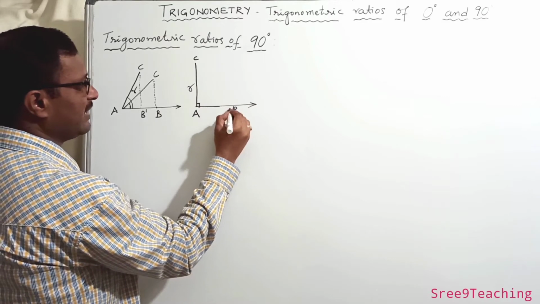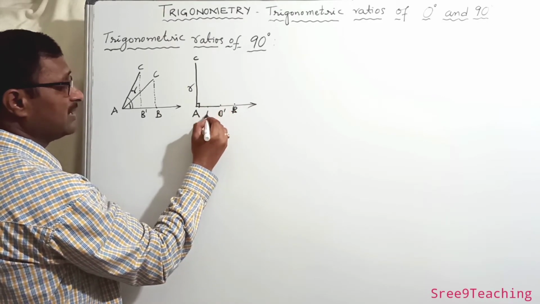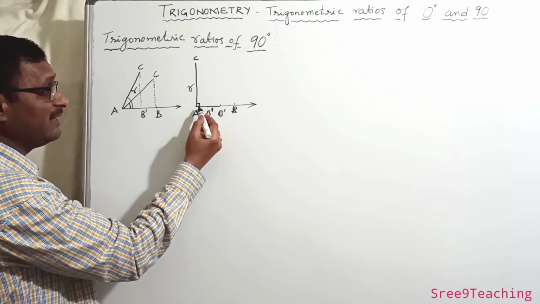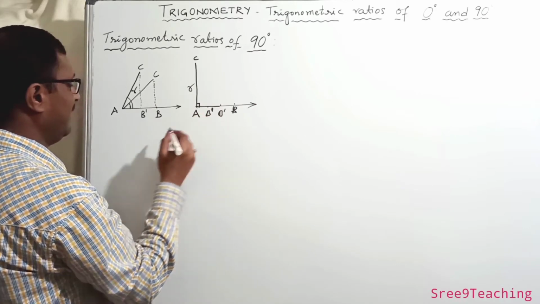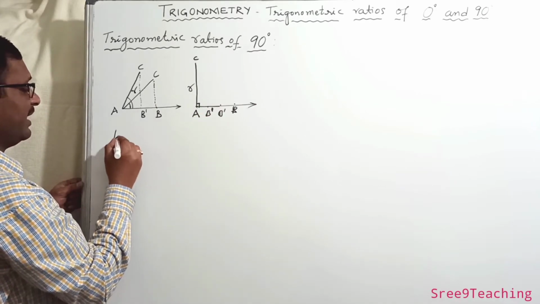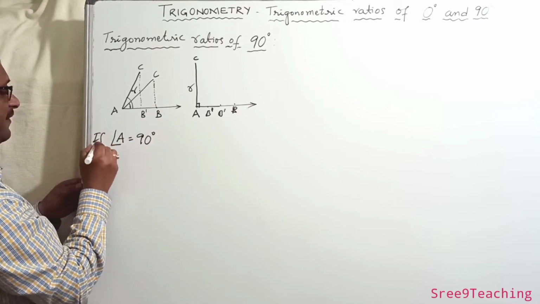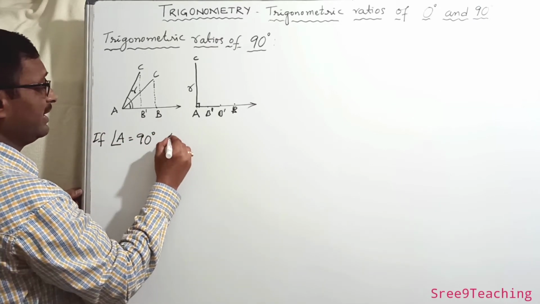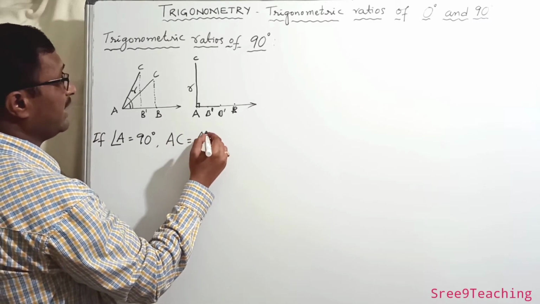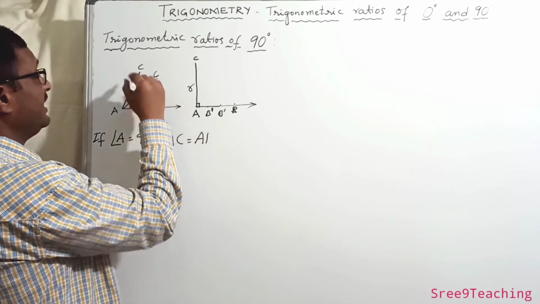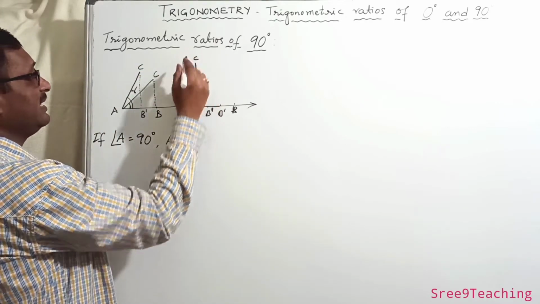It was here, now it becomes B dash, and here suppose B double dash, then after that it will come and coincide with A. So when angle A is equal to 90 degrees, AC is coincided with BC.